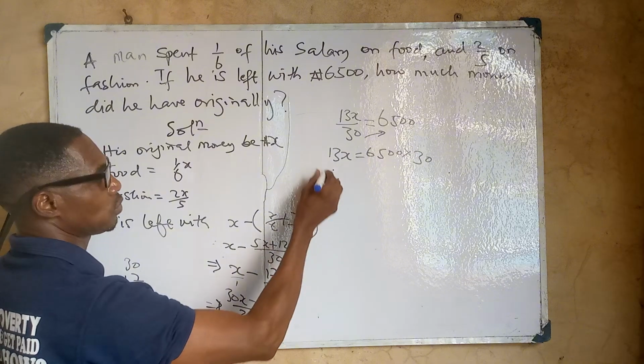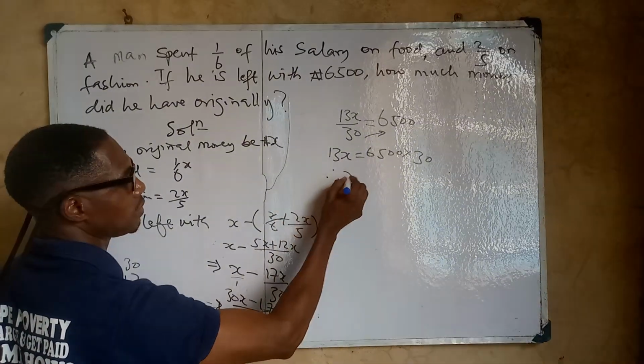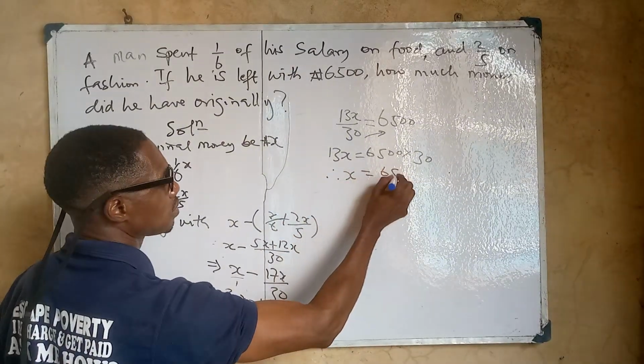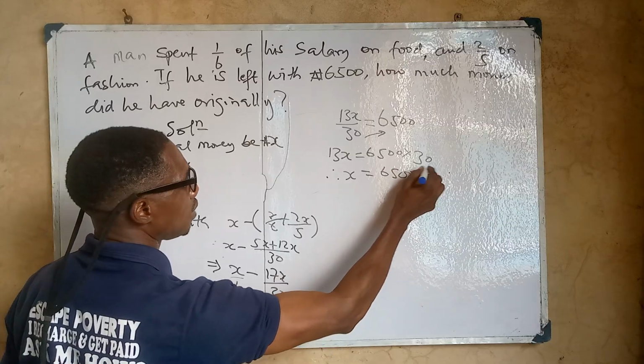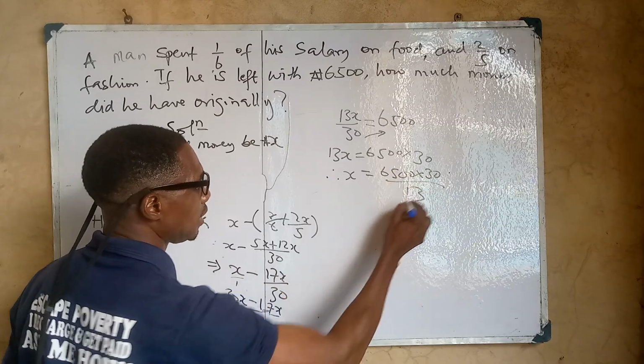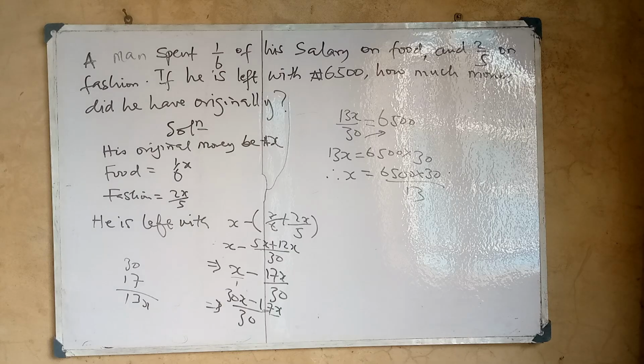Therefore, to get your x, divide both sides by 13. So x is equal to 6,500 times 30 divided by 13. Are we together? If you divide that, you're going to have exactly 15,000 naira.